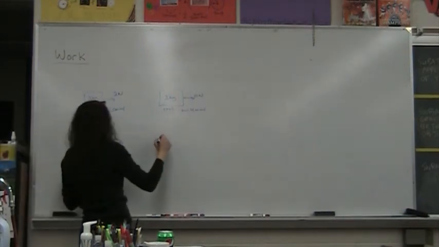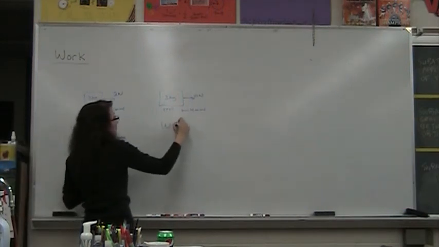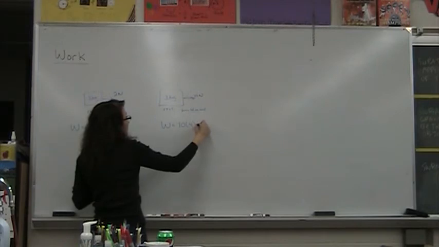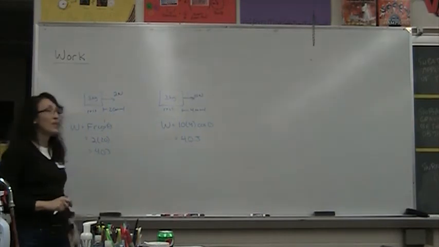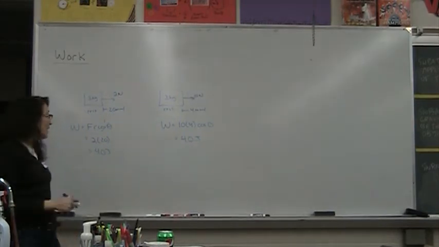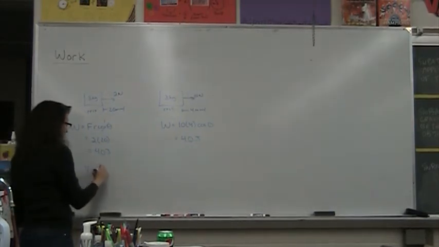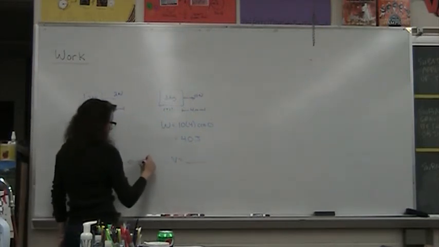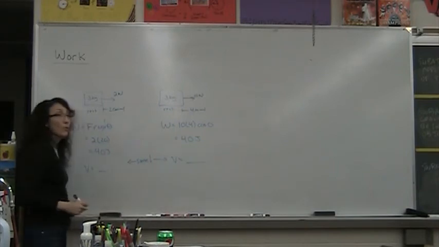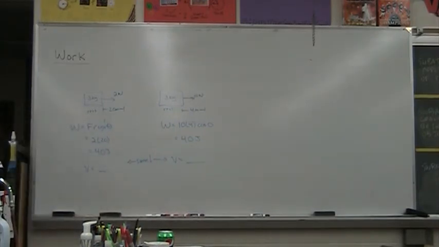Same exact thing, right? So we end up with 40 joules of work being done. If we calculated the final velocities, they would have the exact same final velocities, wouldn't they? Yeah. So, different forces can do the same amount of work.